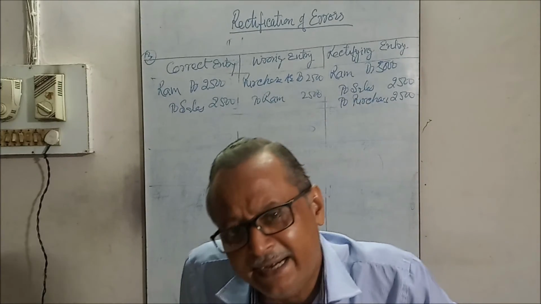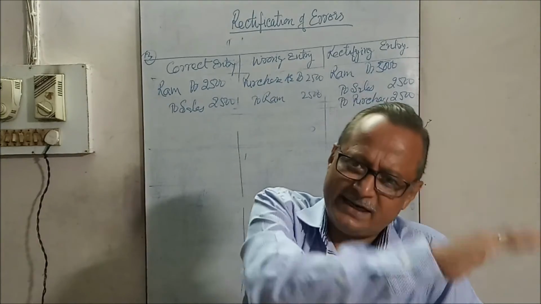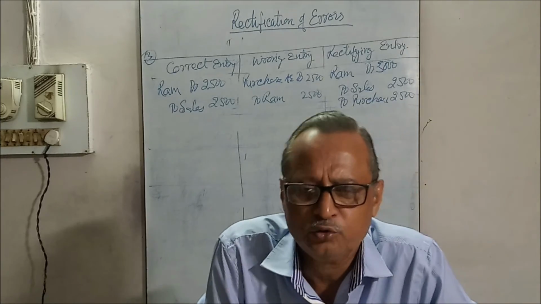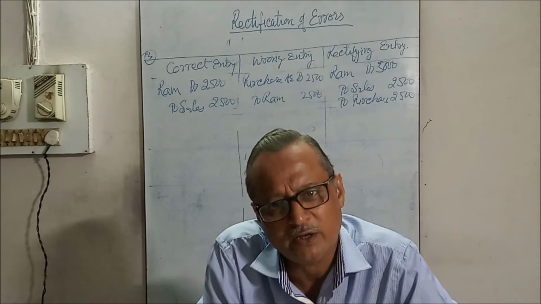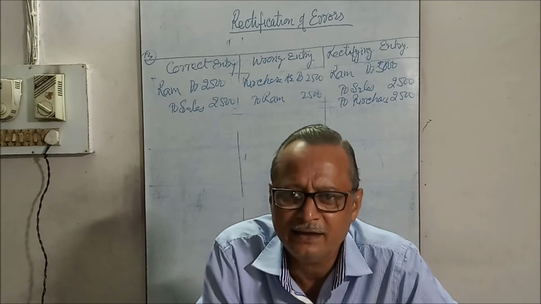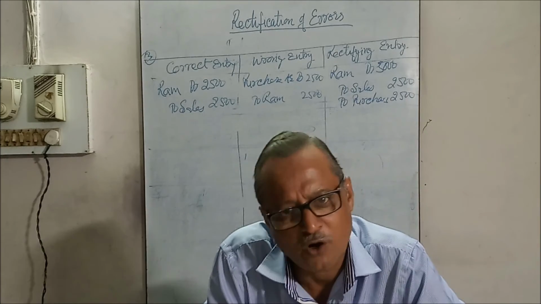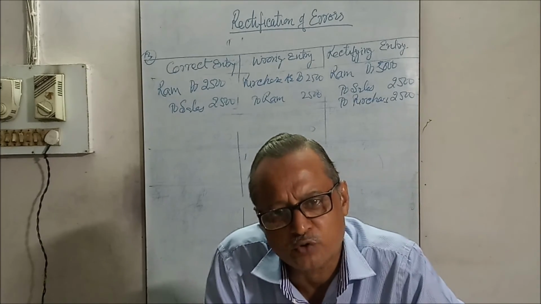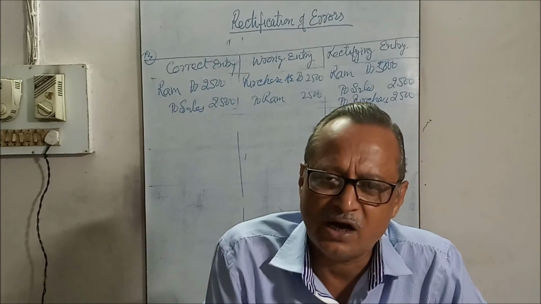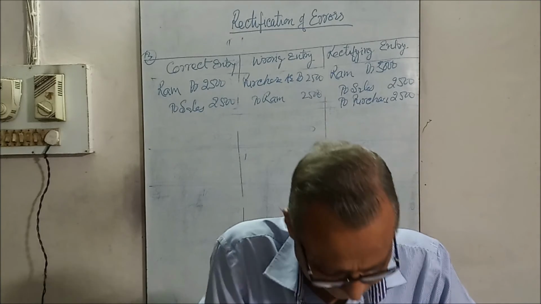Sales should not be credited, so correct it by reversing it. Sales should be debited now. Sales account debit 1,000 to Shyam. Shyam should have been credited in the correct entry, but wrongly he was debited. Now credit him by rupees 2,000. So the rectifying entry: purchase account debit, sales account debit 1,000 to Shyam 2,000.